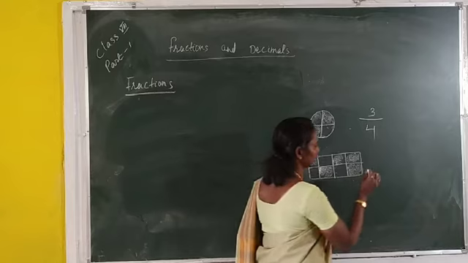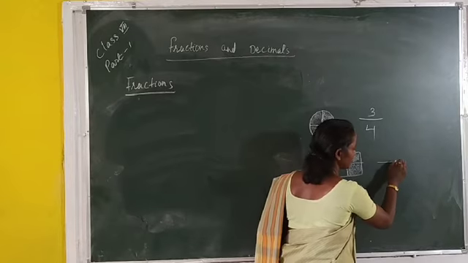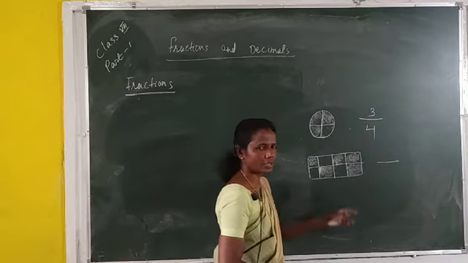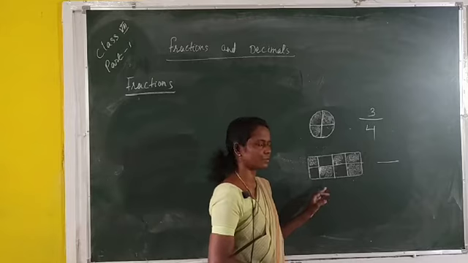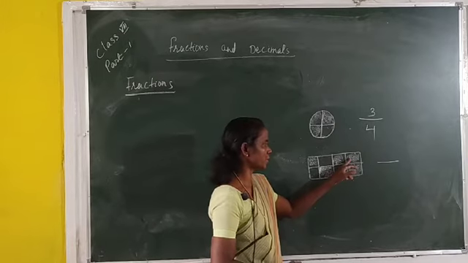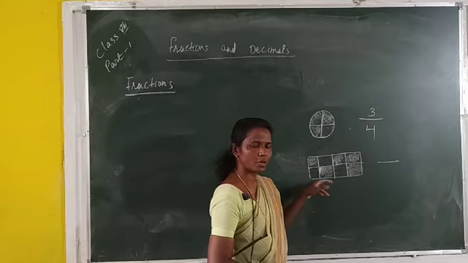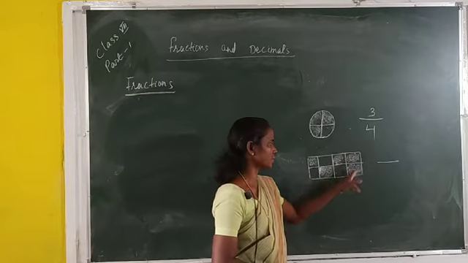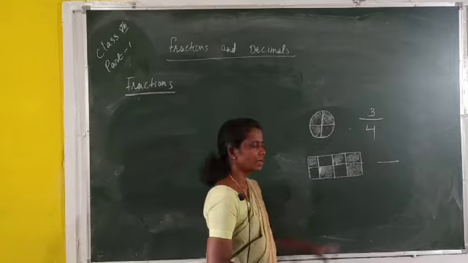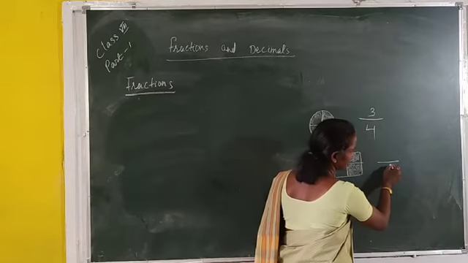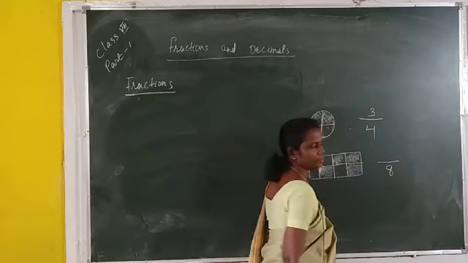Then look how to write its fraction form. First, this whole rectangle is divided into how many equal portions? 8 equal portions, so we write 8 below the dividing line.